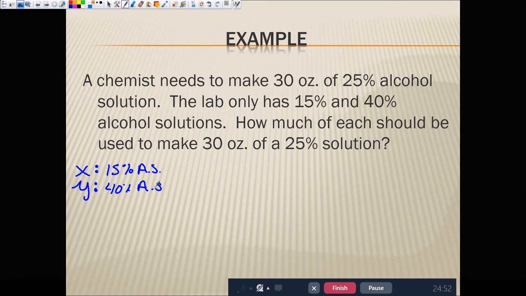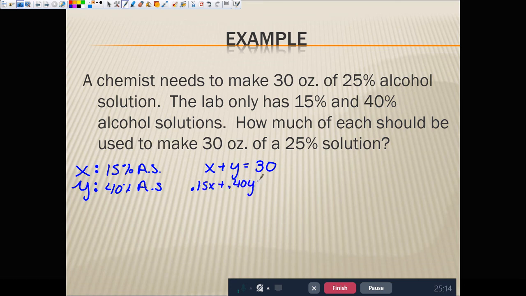All right. So, how many ounces am I looking for? 30. So x plus y will equal my total of 30. And then I'm going to do my percent. So 15 as a percent is 0.15x plus 0.40y.